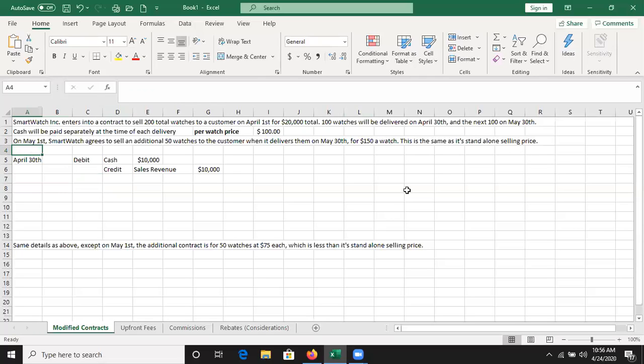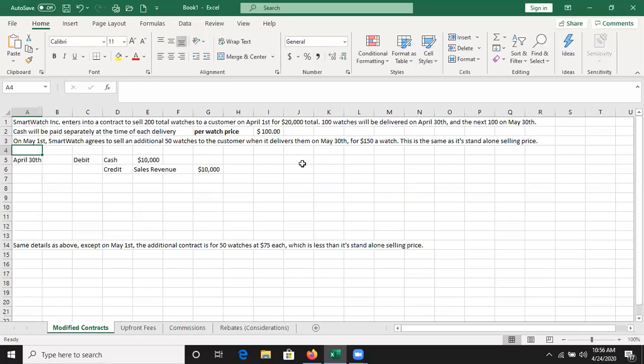That's what the standalone selling price is. So this deal up here was a deal. Because it was a bulk purchase, they gave them $100 each. But now, for whatever reason, with these additional 50 that they're going to sell on top of the 100 they need to provide for May 30th, they're selling them at their normal contract price.